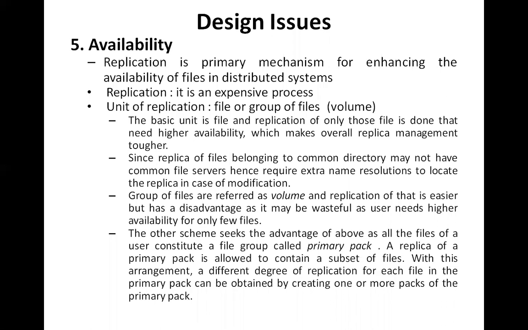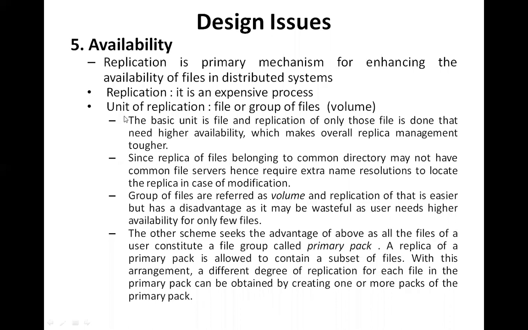Second, it may be possible that the file servers storing the replicas of the file may not be reachable from all the clients because of a partition of the network. There may also be situations where the replicas made for the file reside in different partitions and are updated differently. So these are the problems related to replication.